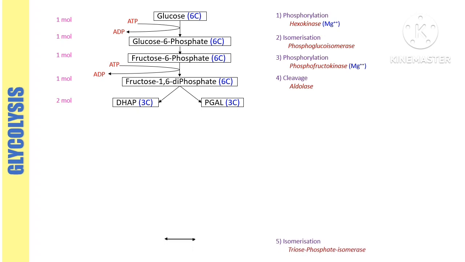The isomerization reaction of DHAP and PGAL is catalyzed by triose phosphate isomerase. Then after the isomerization of PGAL, we get 1,3-diphosphoglyceraldehyde. This 1,3-diphosphoglyceraldehyde also has 2 molecules.